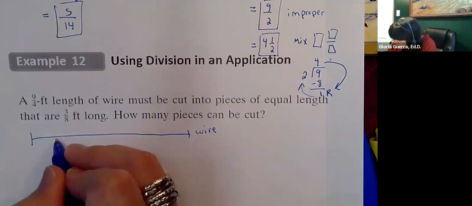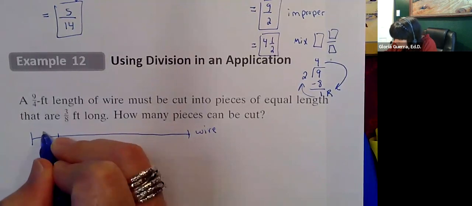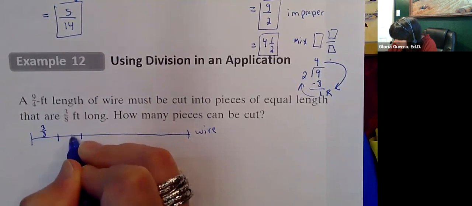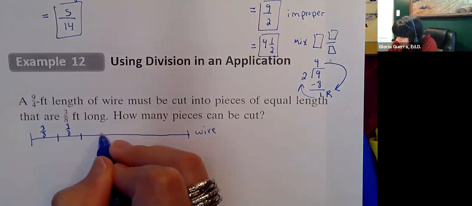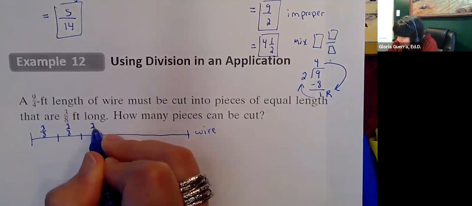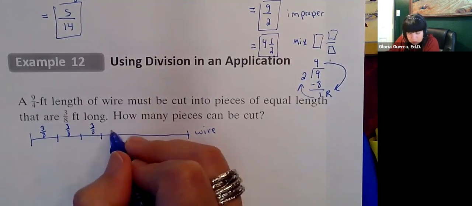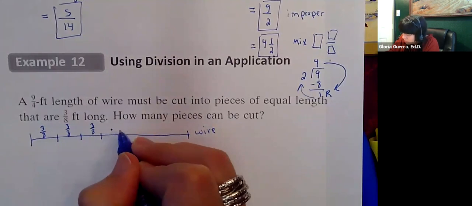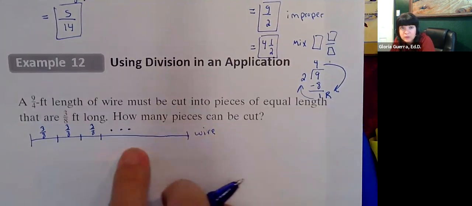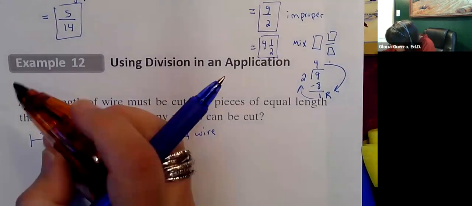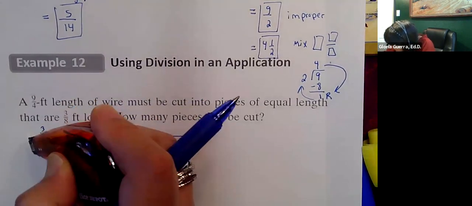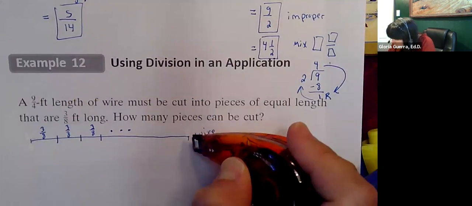So you want to cut into 3/8, and then 3/8, and then 3/8, and you get the idea. Dot, dot, dot, and so on, until you get to the end of your wire here.